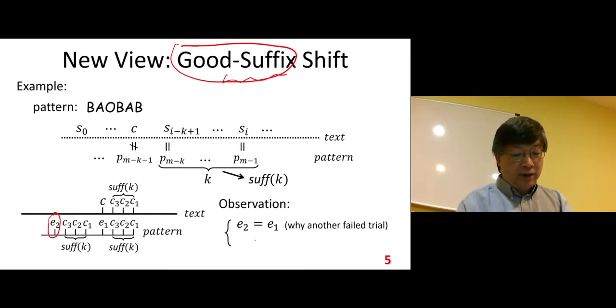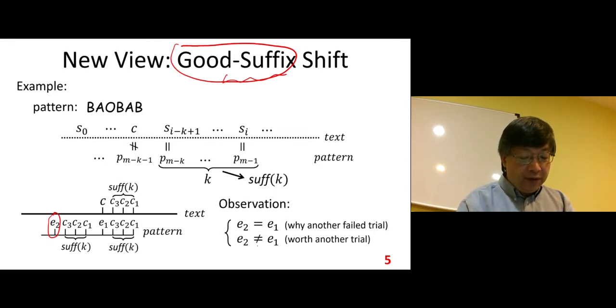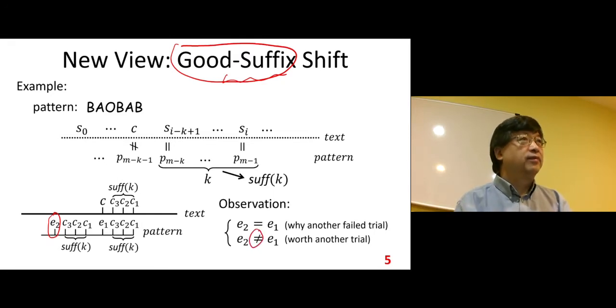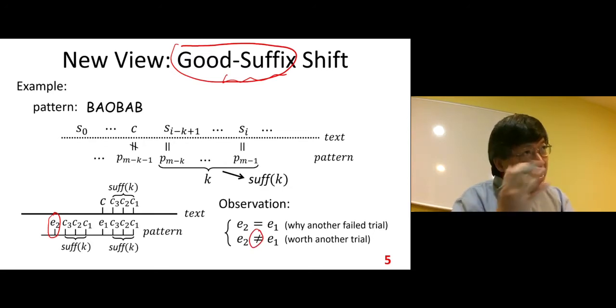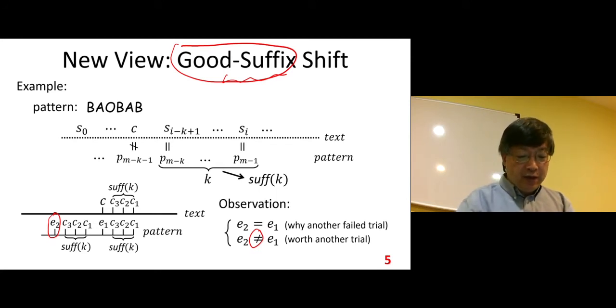So we look for E2 different from E1. Only when E2 is different from E1 is it worth another trial.